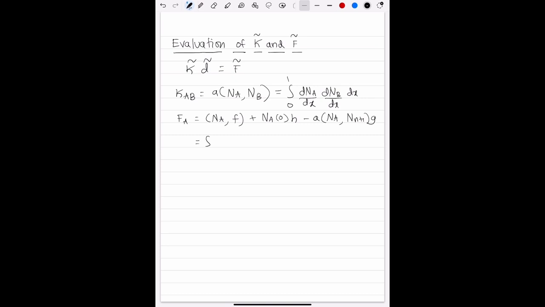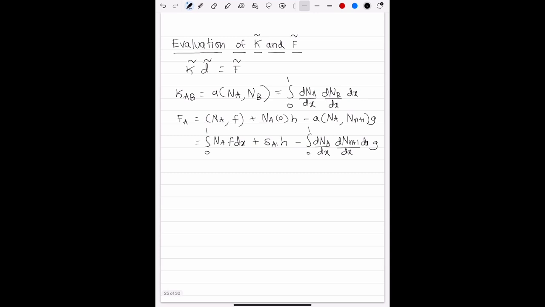This can further be expanded as the integral from 0 to 1 of N_A multiplied by f dx, plus delta_A1 times h, minus the integral from 0 to 1 of dN_A/dx multiplied by dN_{n+1}/dx into g.